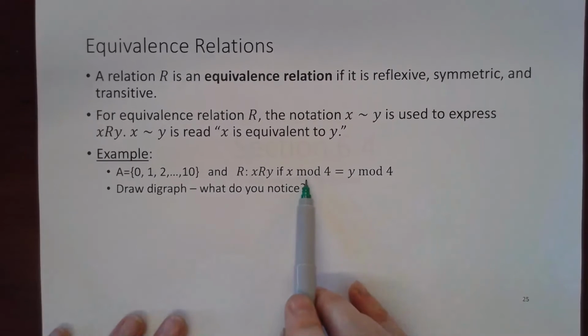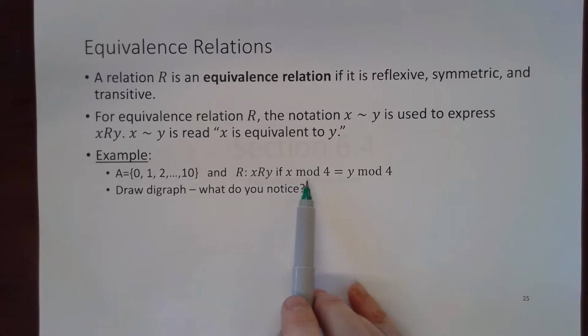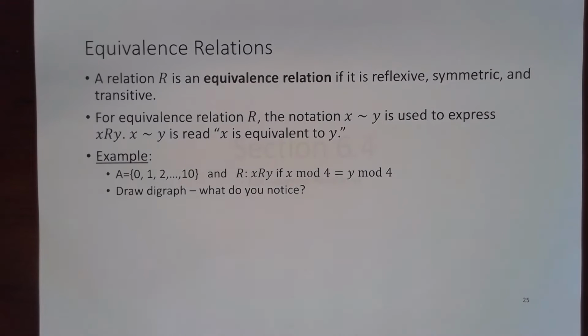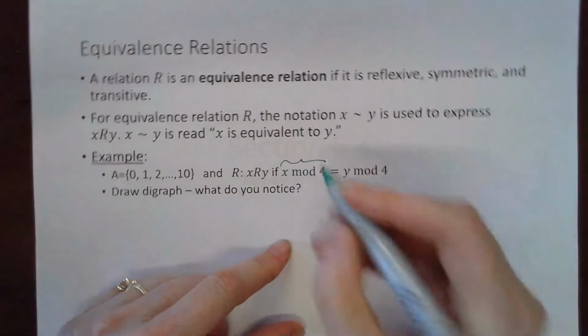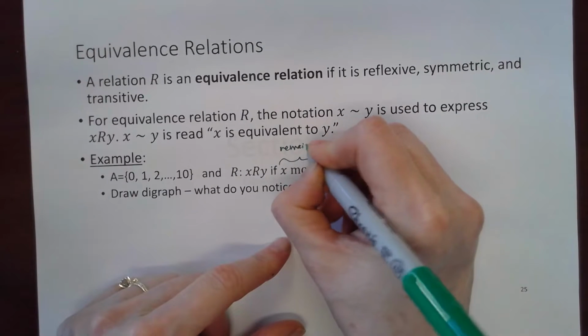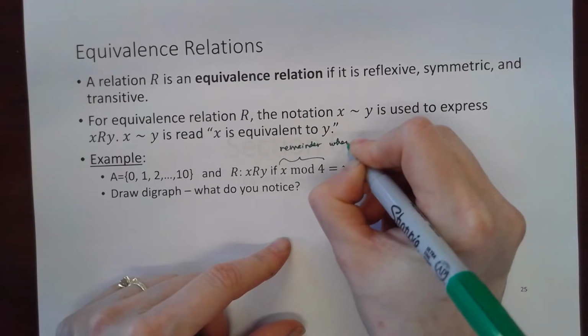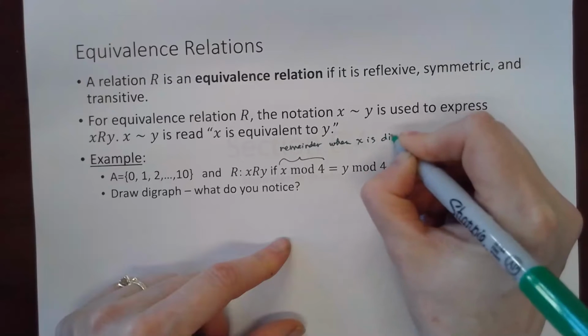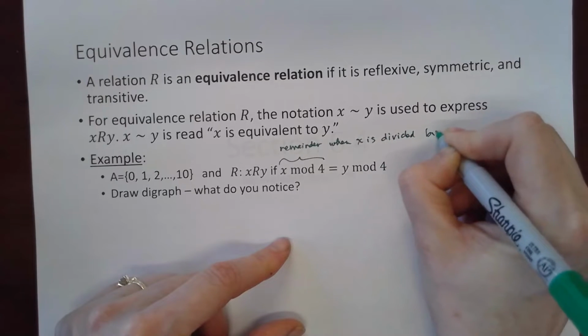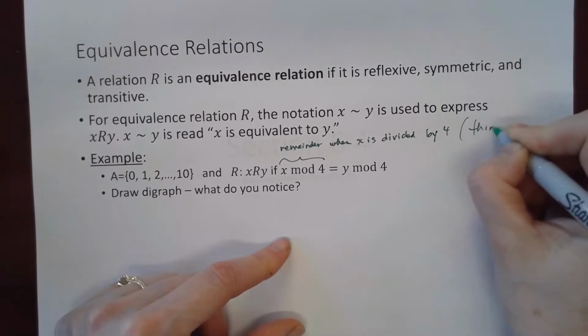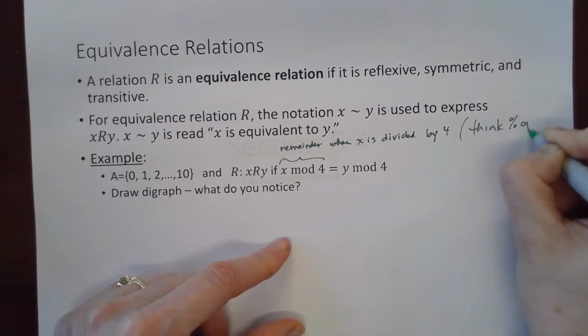Hopefully you're familiar with the mod operator. It's the same as the percent operator in Python or in C++ or in Java. It means the remainder when x is divided by 4.